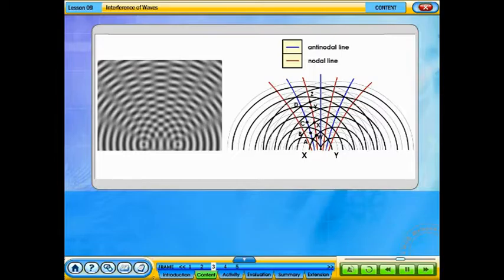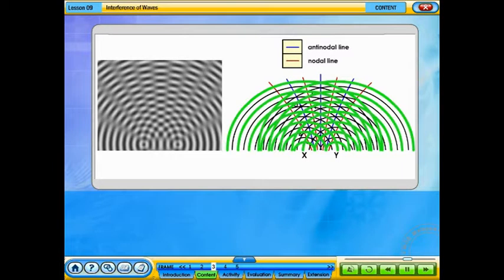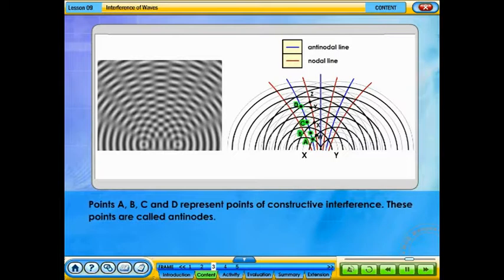The schematic diagram shows an interference pattern of water waves. The thick lines represent the wave crests, and the thin lines represent the wave troughs. Points A, B, C, and D represent points of constructive interference. These points are called antinodes.